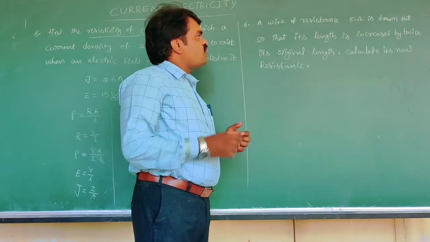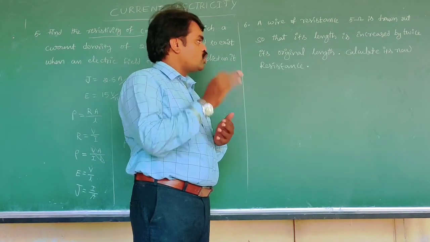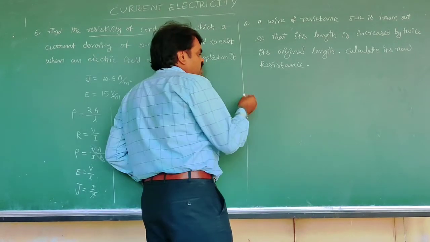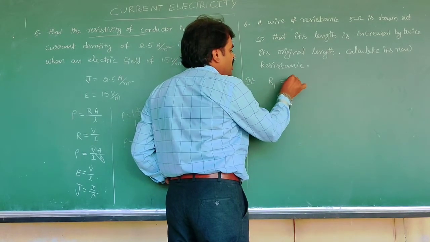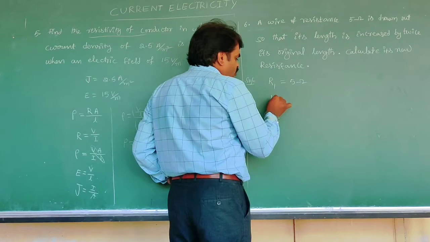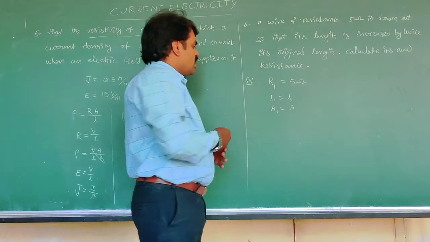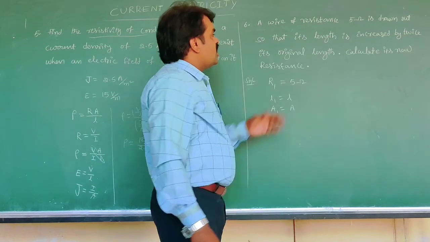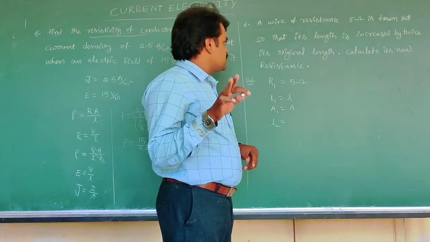A wire of resistance 5 ohms is drawn out so that its length is increased by twice its original length. Calculate its new resistance. Here the original resistance R1 is the 5 ohms given. Let us say L1 is equal to L and area A1 is equal to A. Now the length is increased by twice its original length.